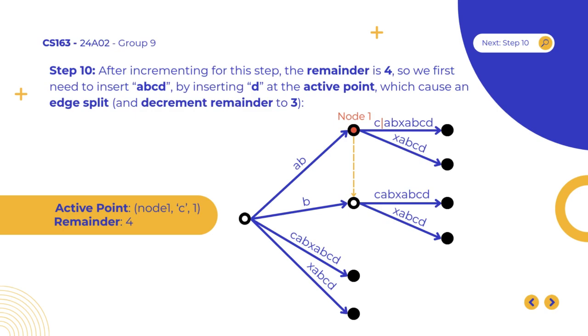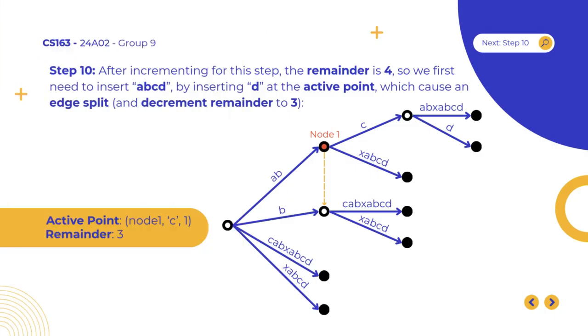Incrementing step 10, the remainder is 4. So we need to insert 4 suffixes at this point in time. We add in the D at the active point. We don't see any D next to it. So it will cause a split.